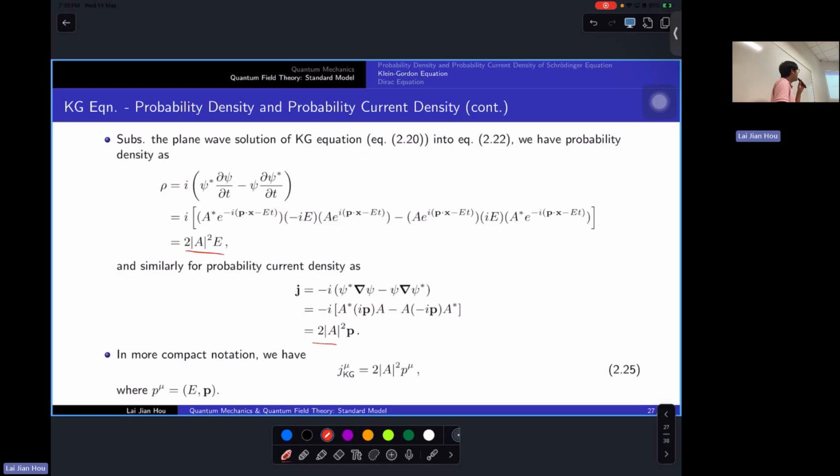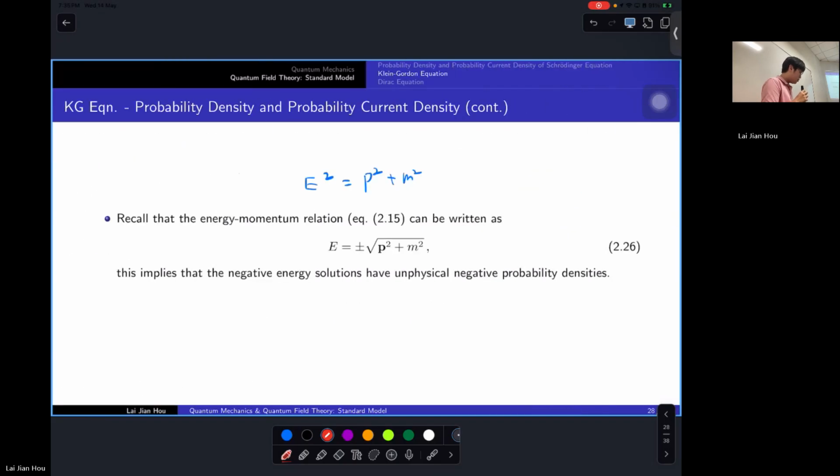So this equation has some problem explaining the physics, because the negative energy solution has a negative, unphysical probability density.